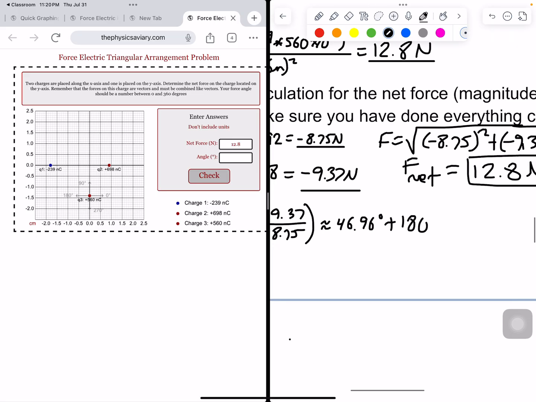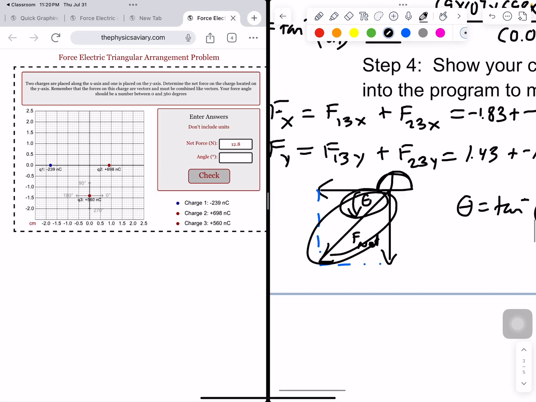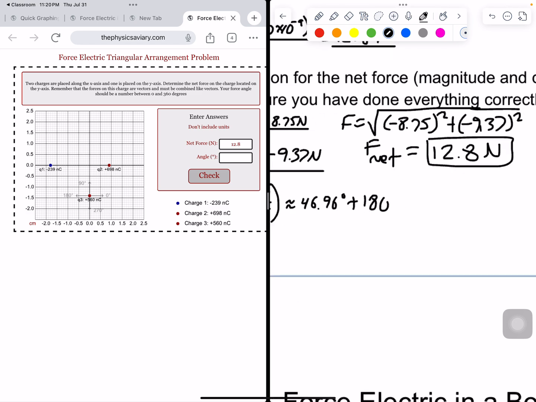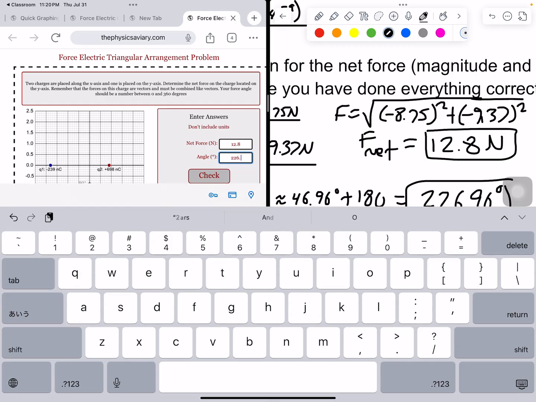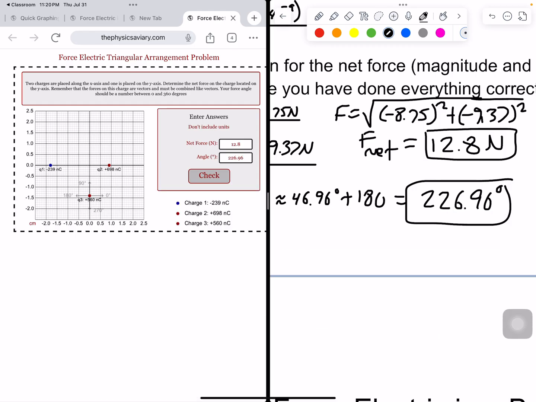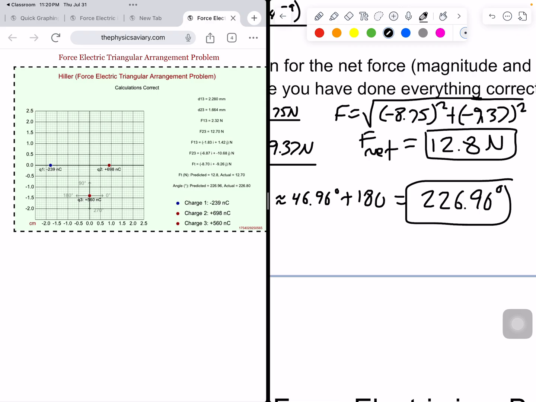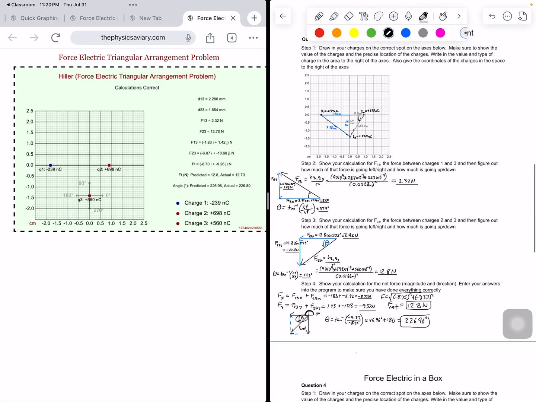Got to add that to 180, because remember, we saw that our vector is going down in quadrant 3, so we got to add that to 180 degrees to take it from 0 degrees. So our direction would be about 226.96 degrees. Go ahead and check that. And there we go. I was able to do this one correctly. I hope that you were able to do this correctly as well.